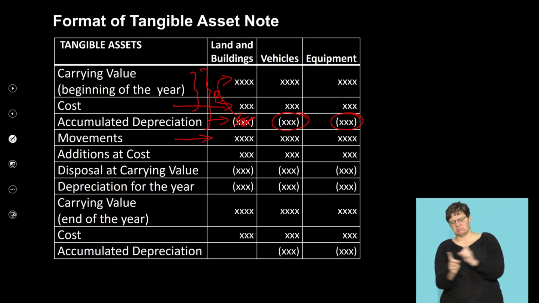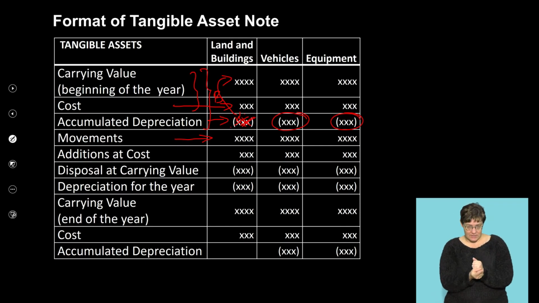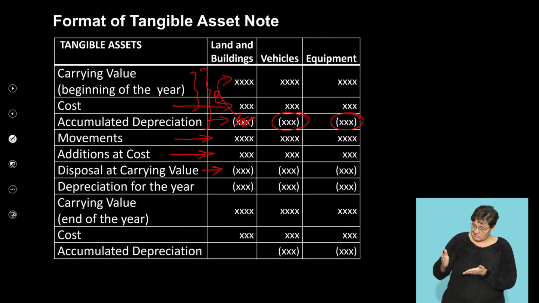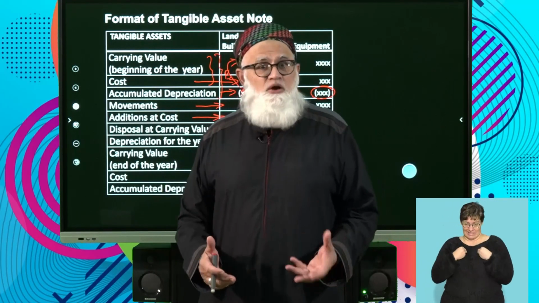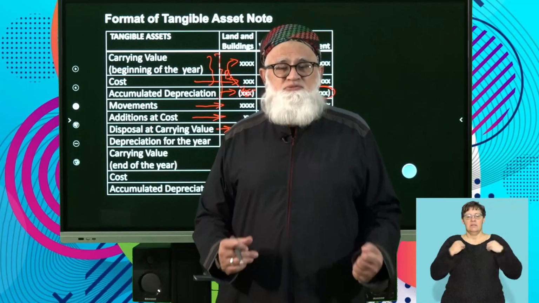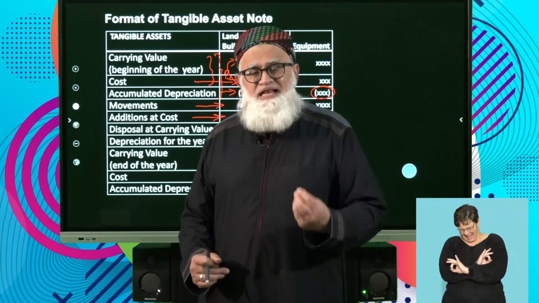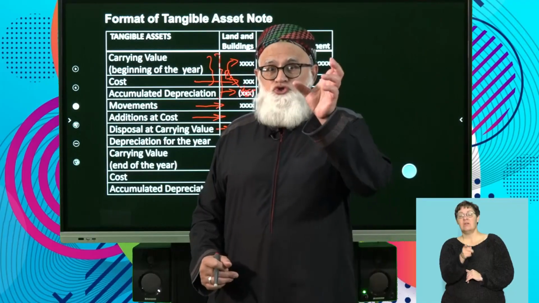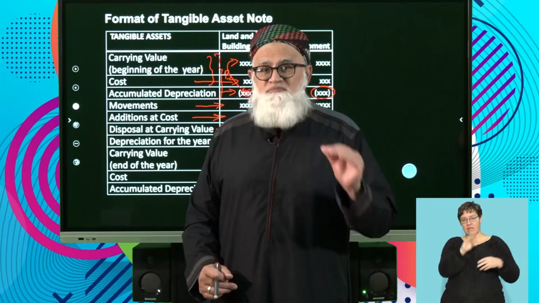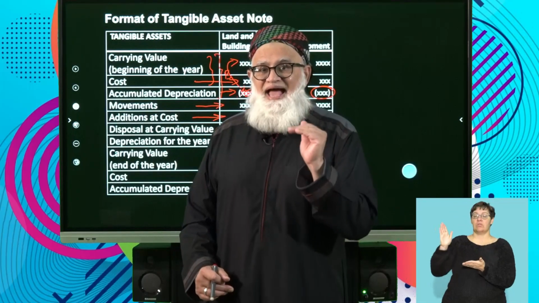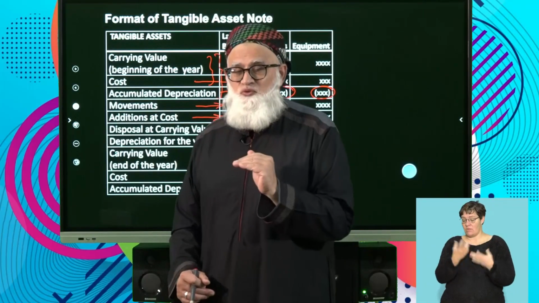Then you have movements during the year. In other words, what happened? Did we buy more? There's your additions at cost. Did I dispose of assets during the year? The important part of the disposal, guys, in fact, in all our lessons, whenever we dealt with a question on asset disposal, we made it abundantly clear that you draw up your table, and in your table you have an item that says disposals at carrying value.